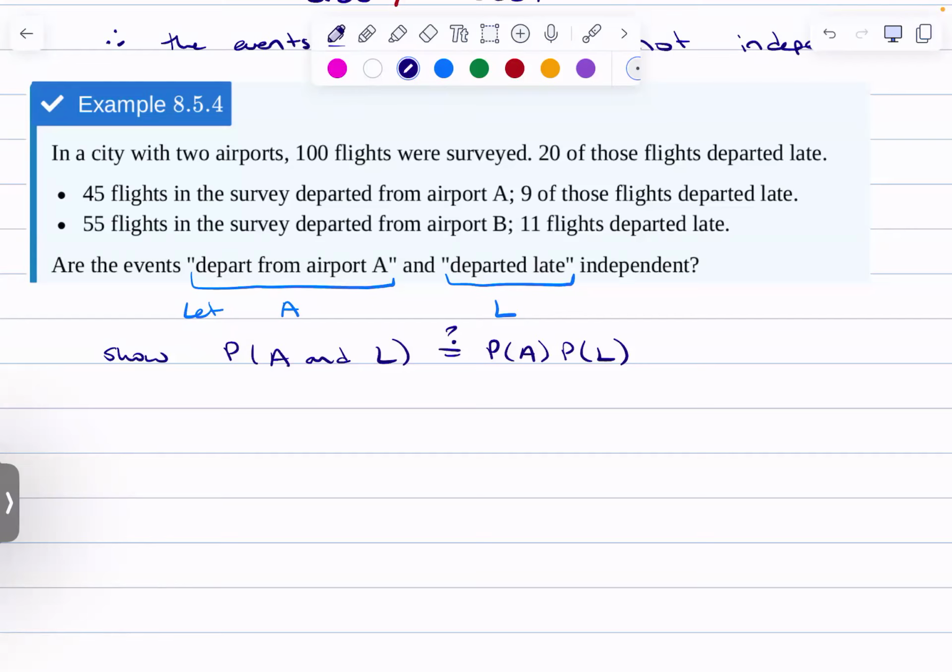This one's a lot trickier than the table, in my opinion, right, for finding these probabilities.